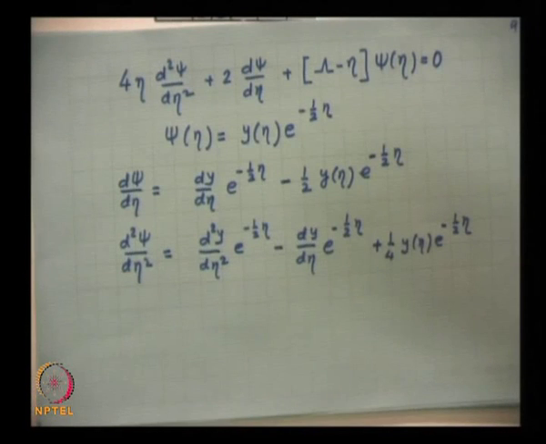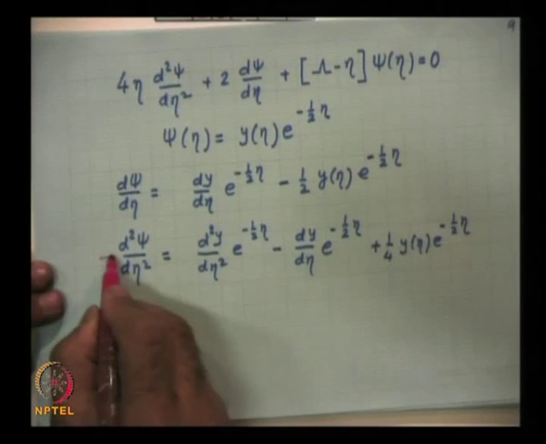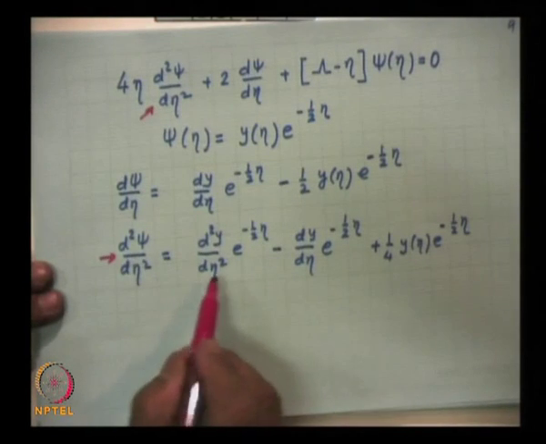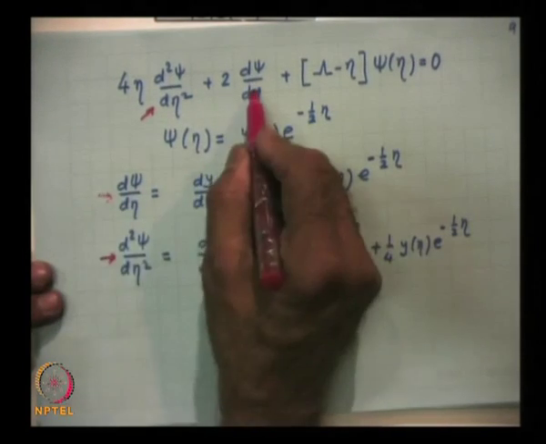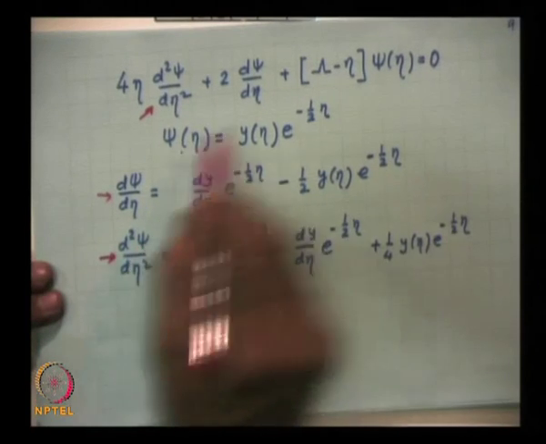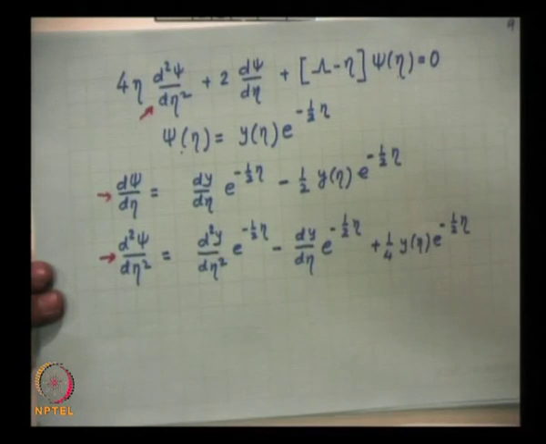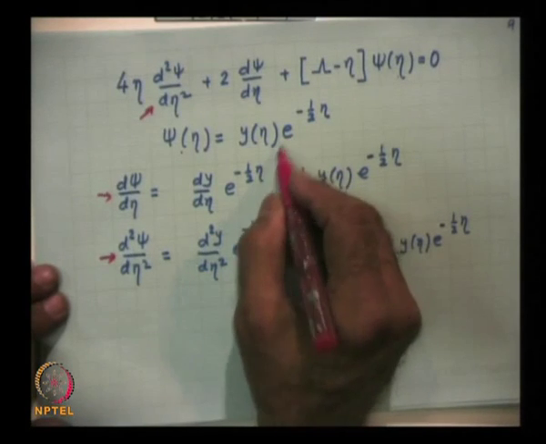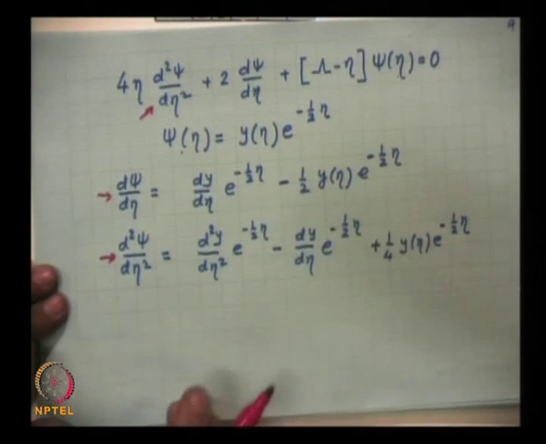Now, next what I do is that I substitute this here, this here, and this here. And as you will see, all the terms involve e to the power of minus half eta.